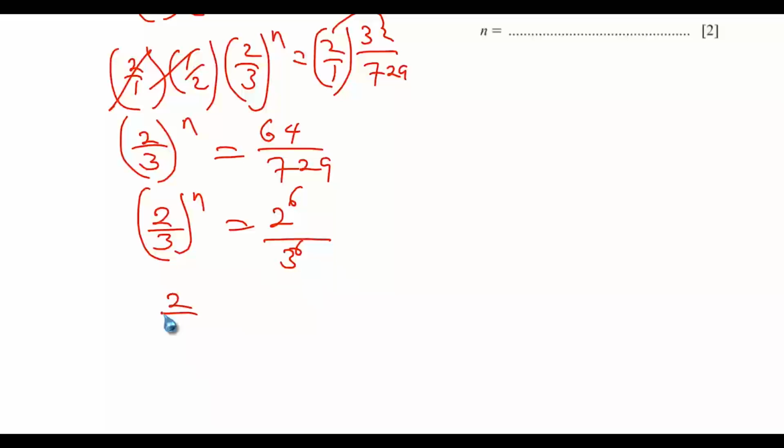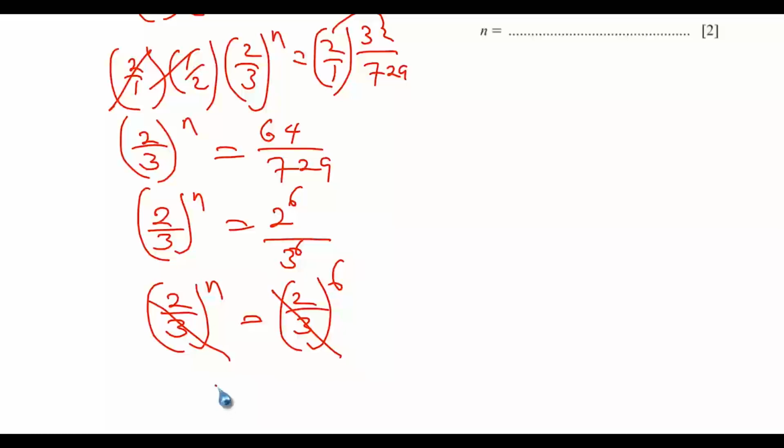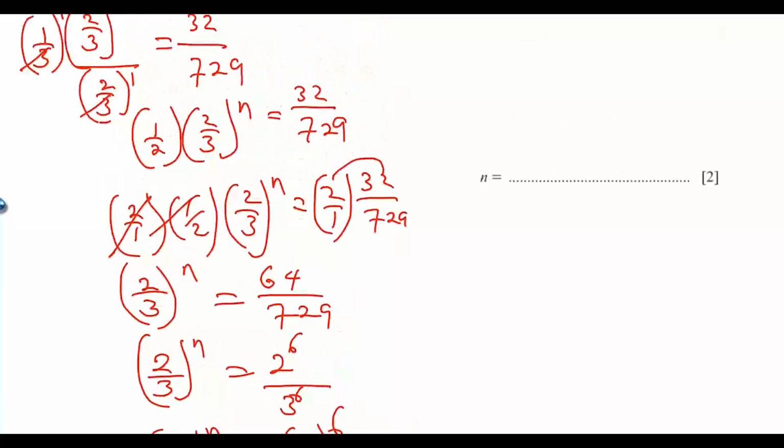That will be 2 over 3 to the power of n equals 2 over 3 to the power of 6. This is the initial equation. The bases cancel, so n equals 6. So the value of n is equal to 6.